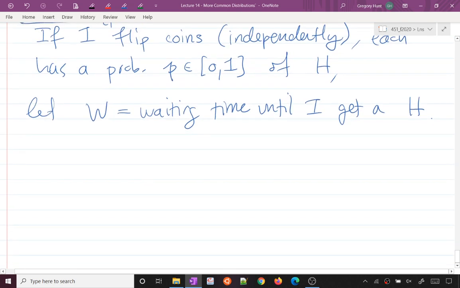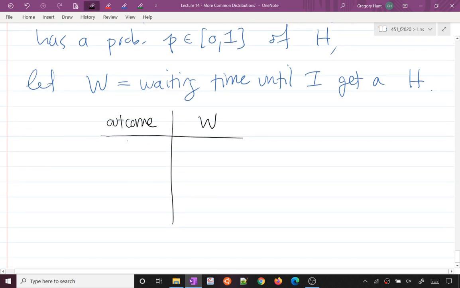So if I flip the coin the first time, let me just write a table here. Outcome and what W is. If I flip the coin the first time and I get a heads, then my waiting time, or my number of flips I need to make, is 1. If I get a tails first and then a heads, it would take me 2.